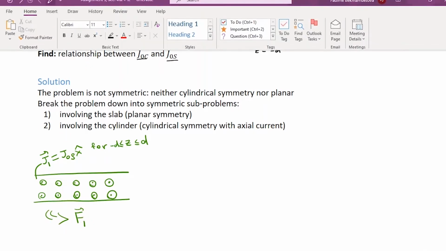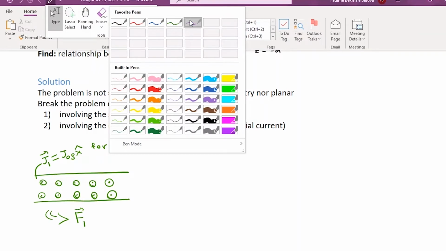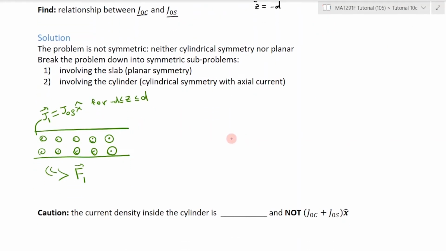The second problem is the problem involving the cylinder only. Let's call the associated current density J2, equal to some J2 x hat for y squared plus z squared less than or equal to d squared.